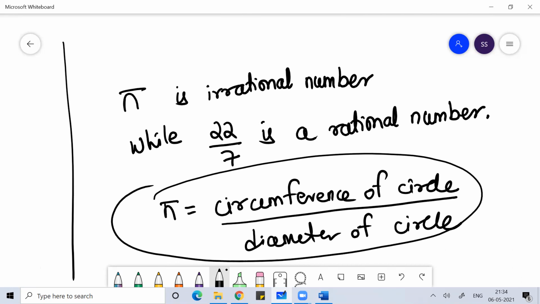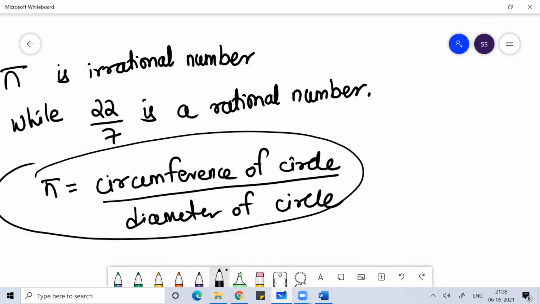We have supercomputers in our lab in Pune, and with that we are trying to find the value of pi. Every time we find new digits in the decimal places, we get digits which are neither terminating nor recurring. So ultimately it is defined as an irrational number, while 22 by 7 is a rational number, because 22 by 7 is a recurring decimal.